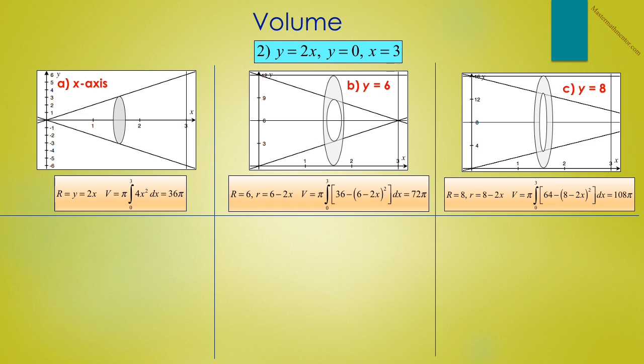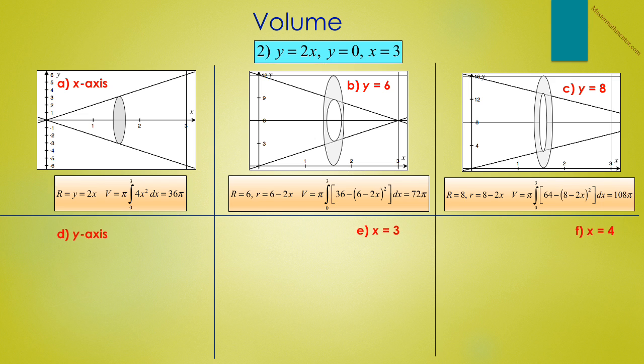And therefore V equals pi integral from 0 to 3 of capital R squared, 64, minus little r squared, (8 minus 2x) squared dx, and our answer is 108 pi.